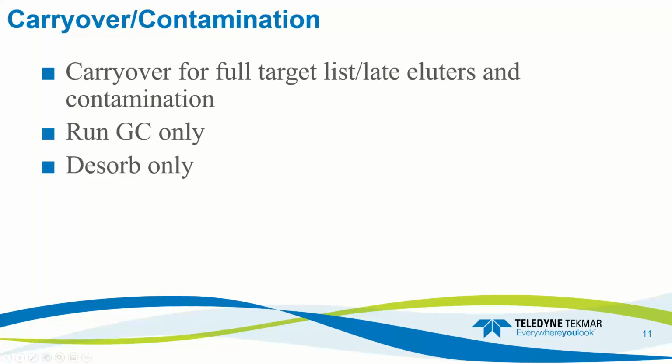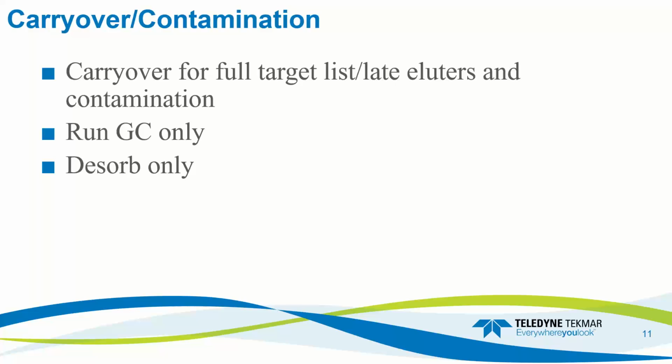And on the purge and trap side, you can go to desorb in tools if you have a Tekmar product. That will preheat the trap and desorb off of the trap to the GCMS to see if there's anything staying in that trap longer than it should be.